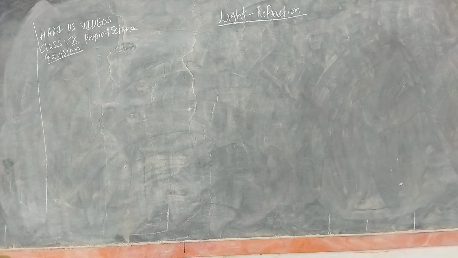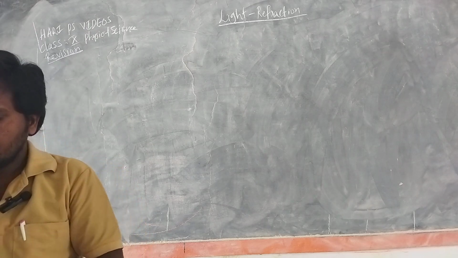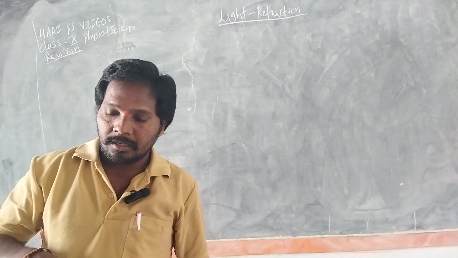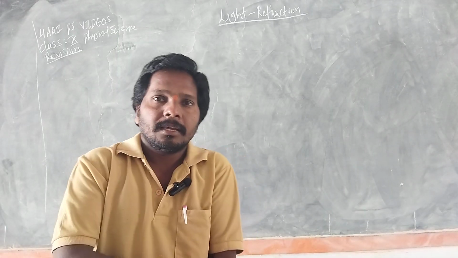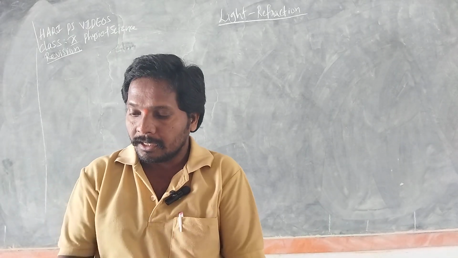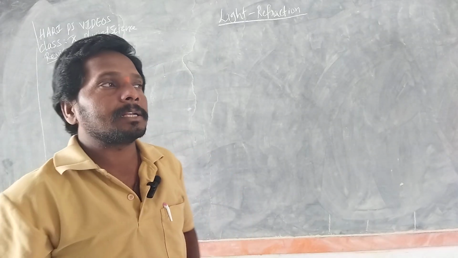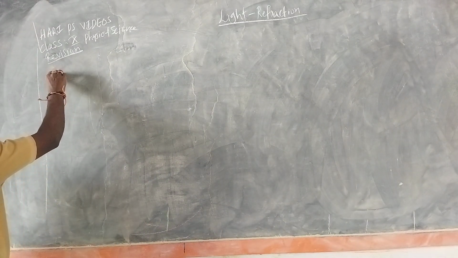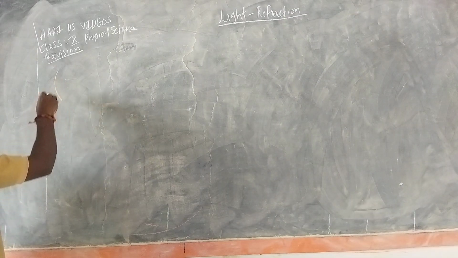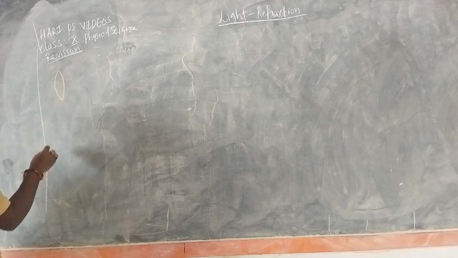lens. We know we have two types of lenses, mainly the concave lens and the convex lens. What is meant by a lens? A lens is a piece of transparent glass bounded by two spherical surfaces. So this is one spherical surface, and another spherical surface.